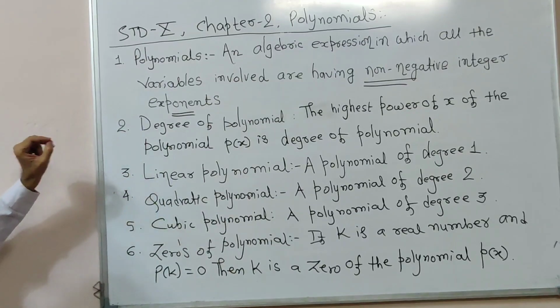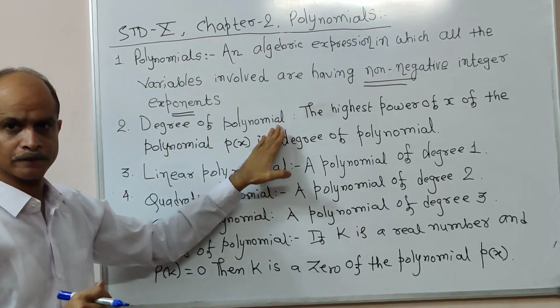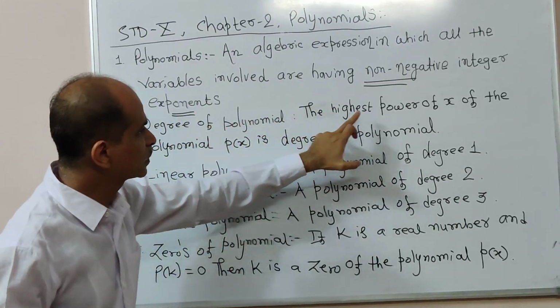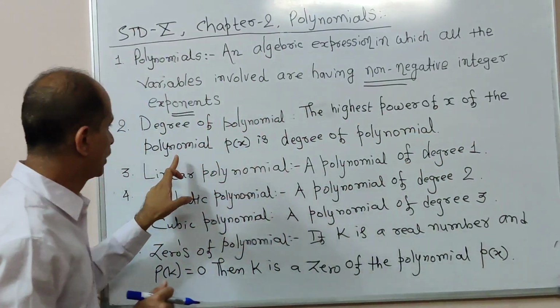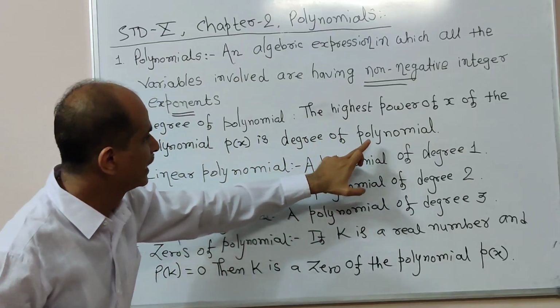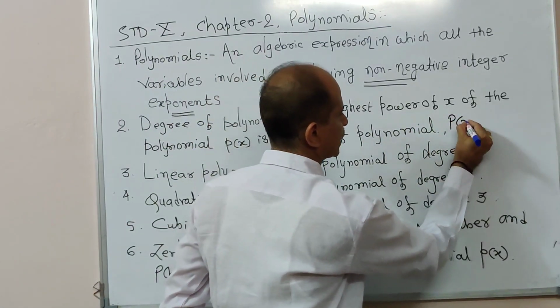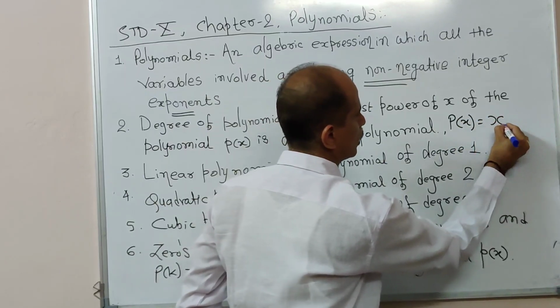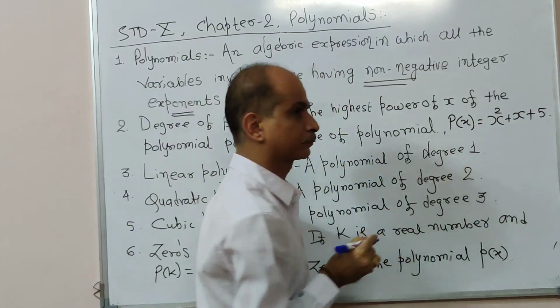Now, the second concept of this chapter is the degree of a polynomial. The highest power of x in the polynomial p(x) is known as the degree of the polynomial. Let me take one example. For example, p(x) is equal to x square plus x plus 5.